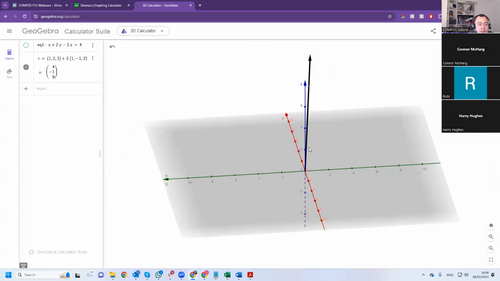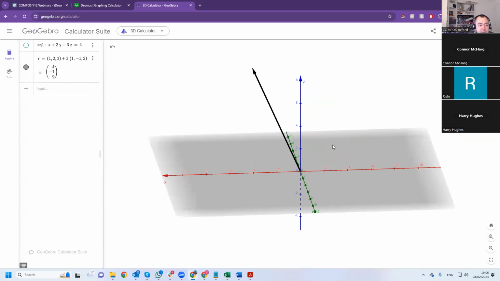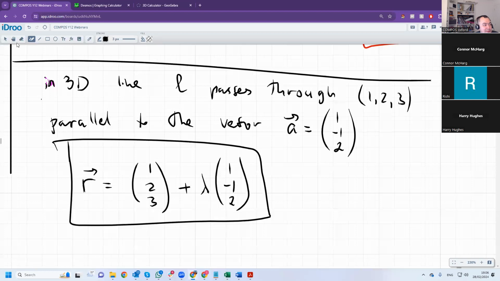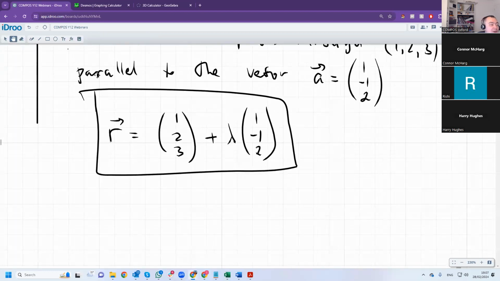So you have the point, this black vector draws a straight line over here. And we can convert this to an equation of a line in Cartesian form.